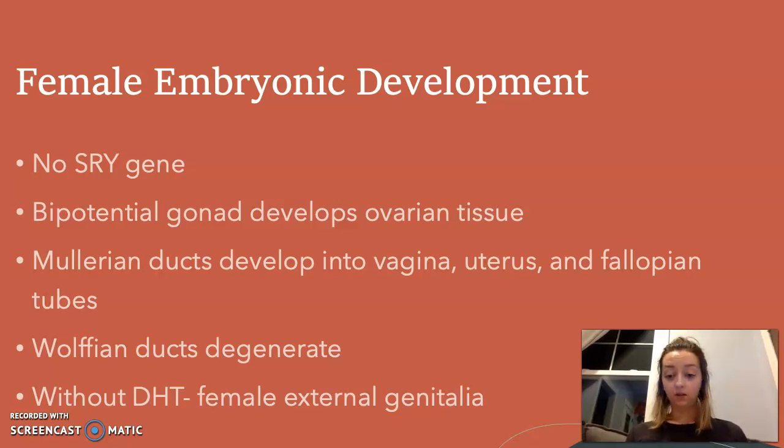With the absence of testosterone, the Wolffian ducts degenerate, and without the DHT, female external genitalia develop in place. That is basically an overview of how sex differentiation happens between genes and hormones.